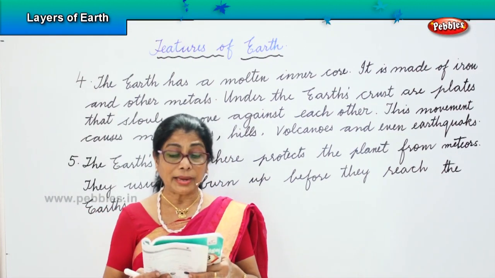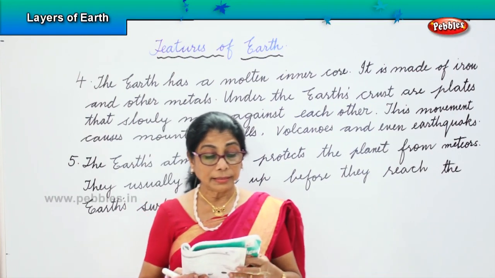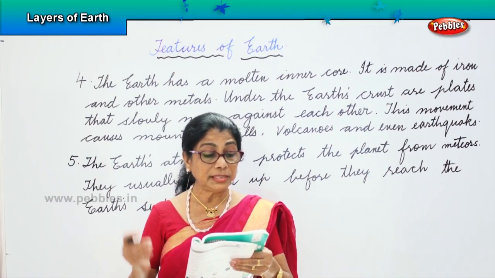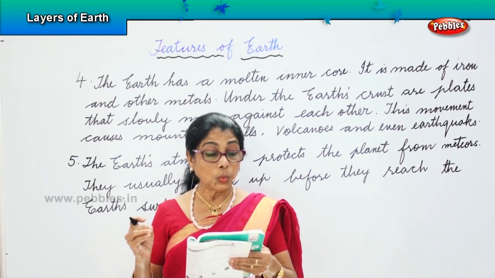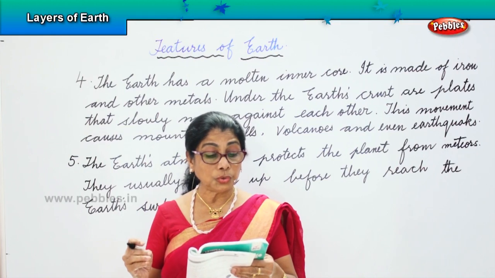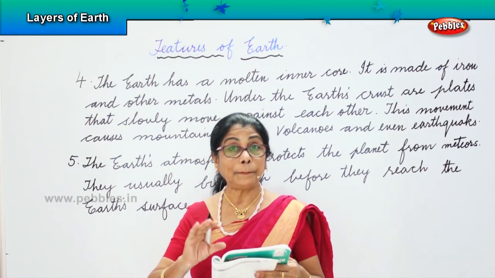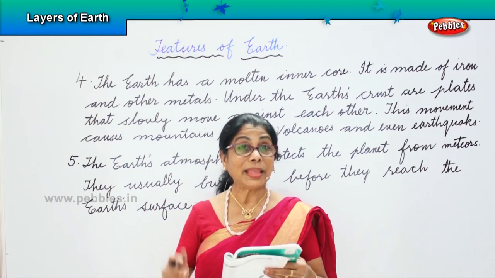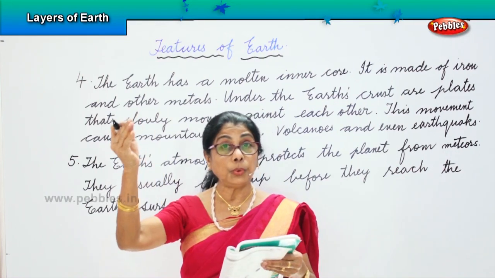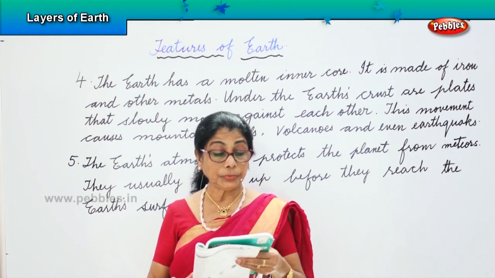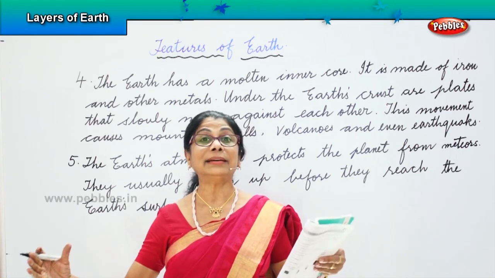There are some more interesting features. They say the earth is the only planet with tectonic plates, the plates that keep changing, as I told you. The earth is flattened at the top in the North Pole and at the South Pole, so there's a little bulge at the equator.